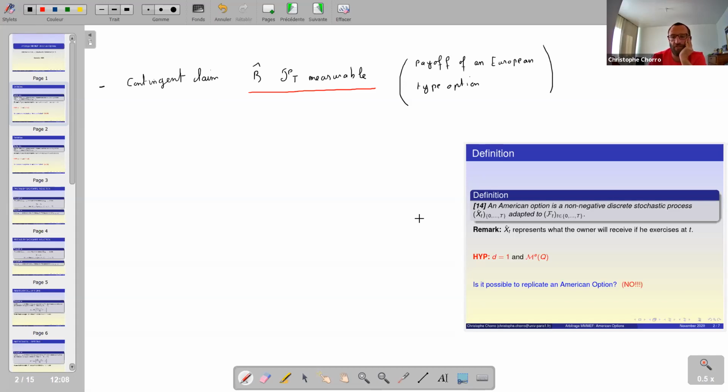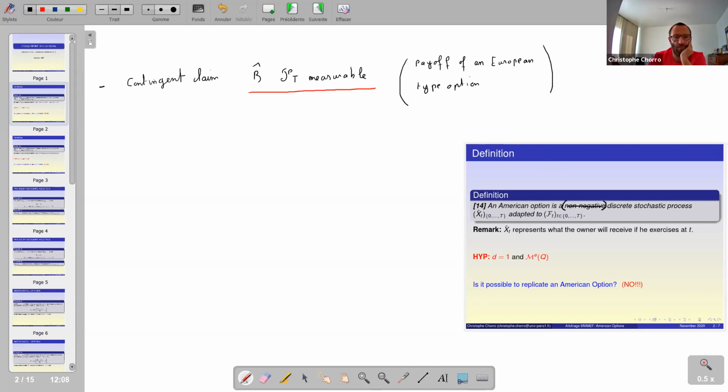Let's see the definition of an American option. Here, an American option will be for us a discrete stochastic process. Non-negative is not that necessary here, so I can erase it. An American option is a discrete stochastic process that is adapted to my filtration.